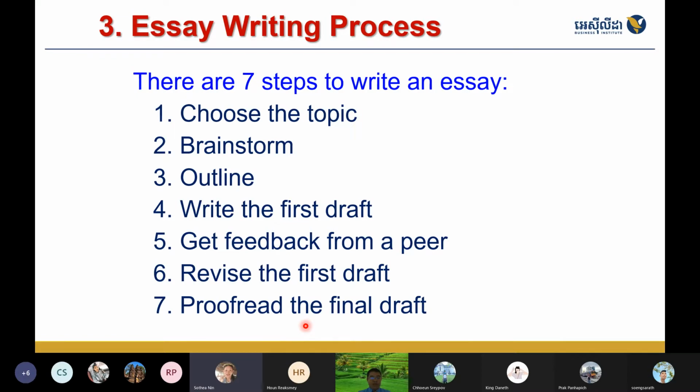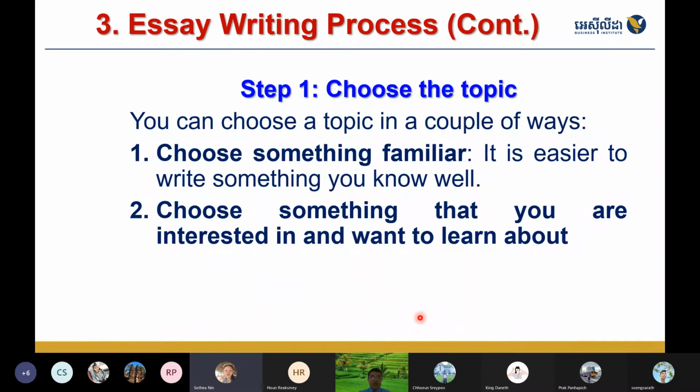Revise the first draft. 7. Proofread the final draft. Okay, continue.